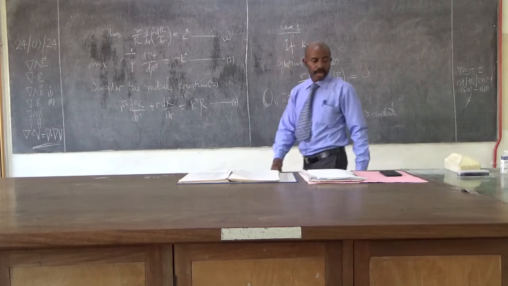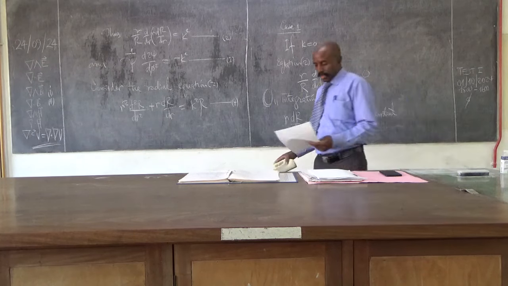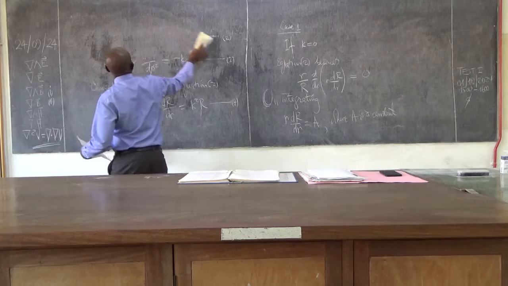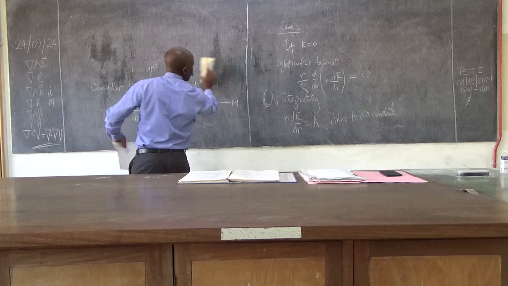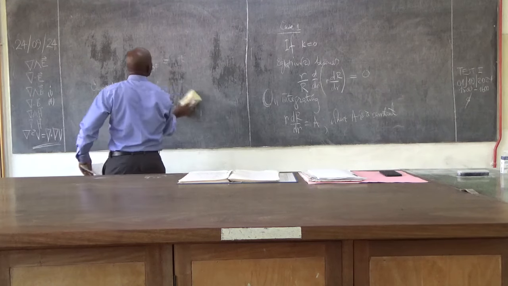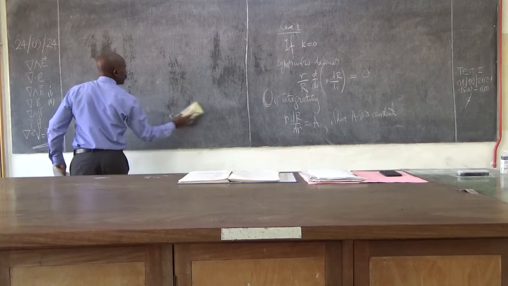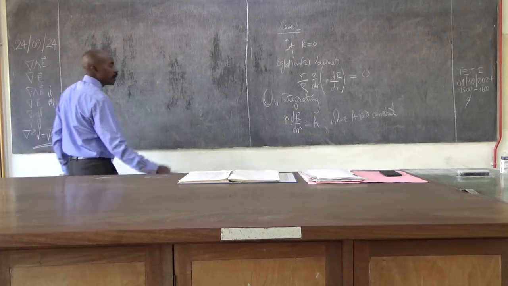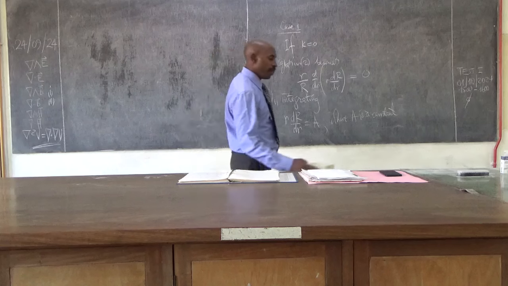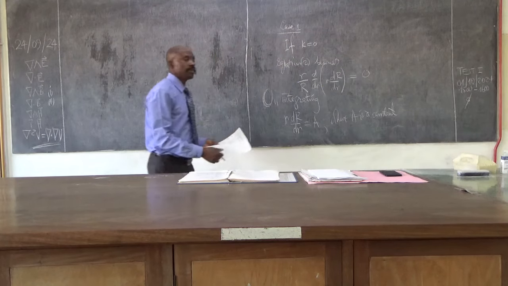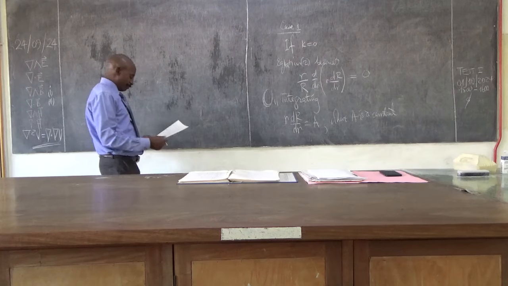Rearrange, then integrate again. You get dR equal to a over r dr. When we integrate, we get natural log of r, then add a constant of integration. For purposes of consistency, we call it b.